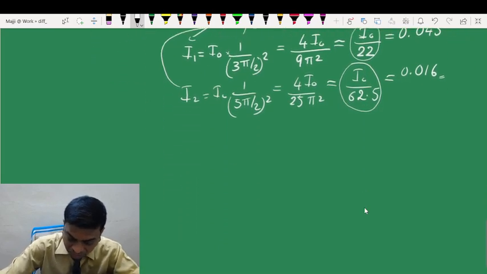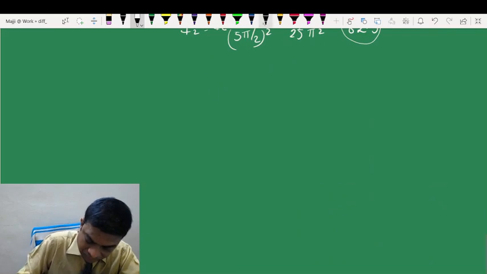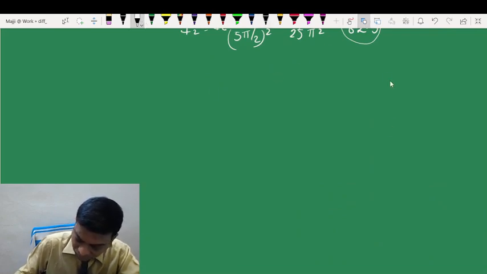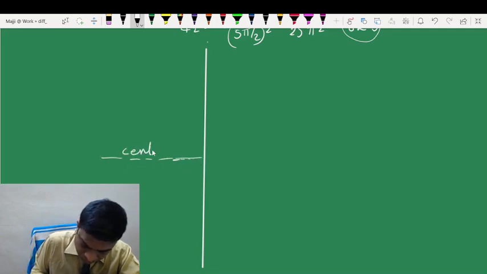So if I were to draw the diagram here, the intensity distribution will be something like this. This is the central line.